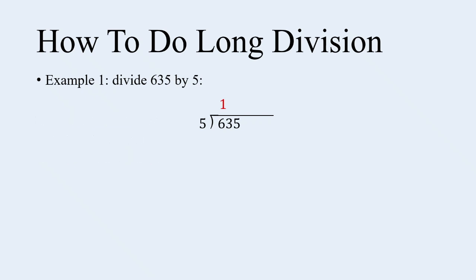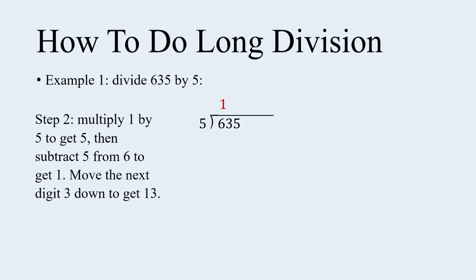Step 2. Multiply the digit of the quotient from step 1 by the divisor to get 5. Then subtract this result from the first digits of the dividend to get 1. Then move the next digit of the dividend, which is 3, down. This will give us 13.